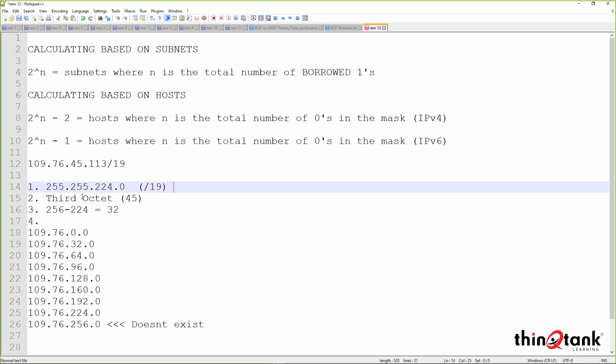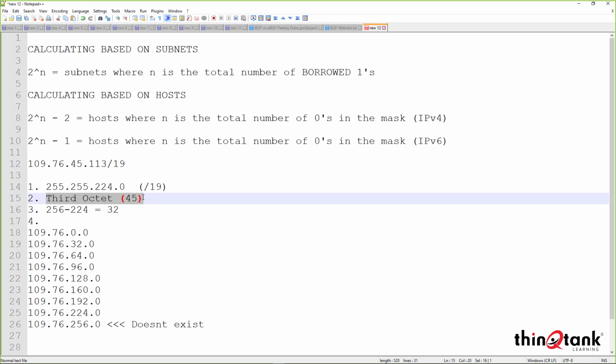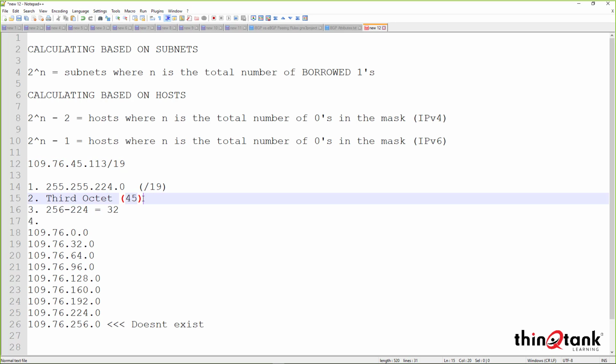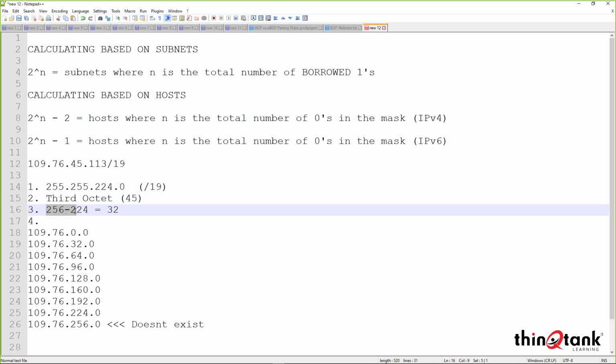Do you understand that I said we're subnetted in the third octet? And you understand why I put 45 down? Because I am trying to calculate the network ID, broadcast ID for that host, for that address. All right, so I'm just kind of calling my attention to the 45 because that's what matters. Do you understand where I got the 256 minus 224 for my block size?